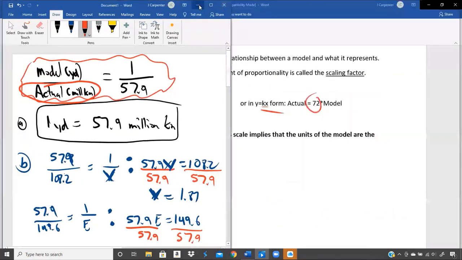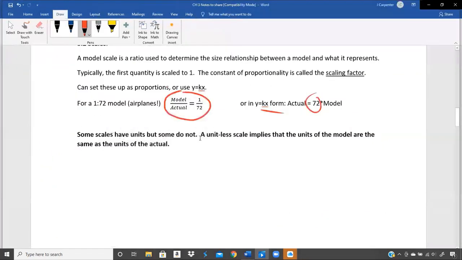So again, some scales have units like the one we just practiced with the planets, because one thing was in yards and the other was in millions of kilometers, but some scales do not.